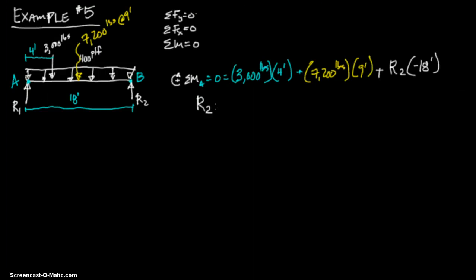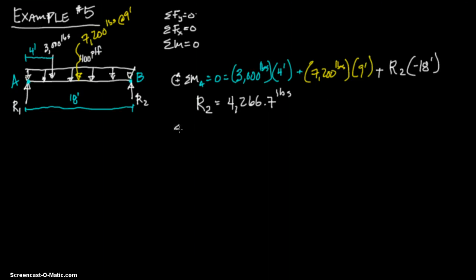And this is my thinking in my head. 3,000 times 4 plus 7,200 times 9. And then we're going to put the negative 18 R2 on the opposite side, and we're going to divide by 18. And our answer is R2 equals 4,266.7, let's call it, pounds.